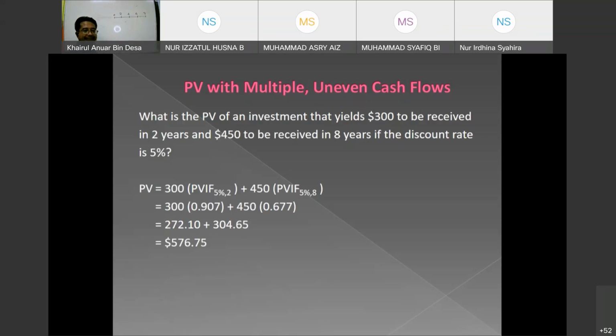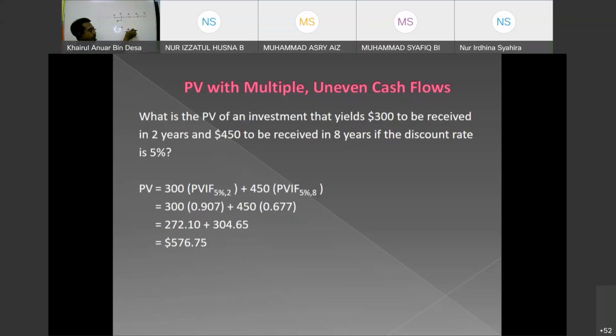Untuk yang pertama, 300 to be received in 2 years. Berapa nilai di sini? Yang pertama adalah present value.